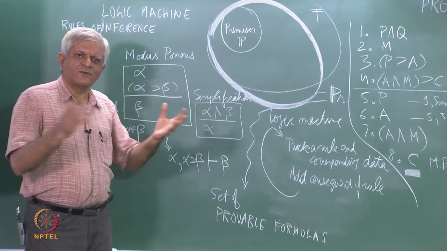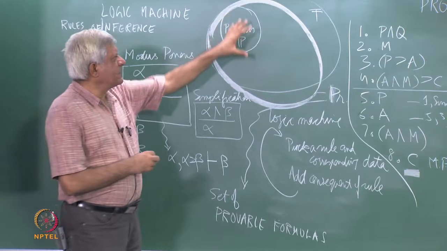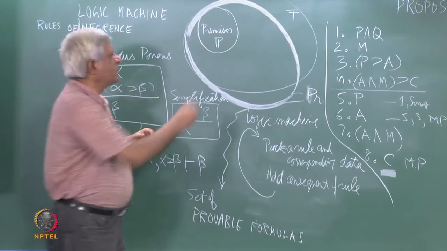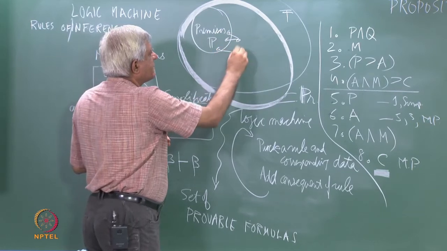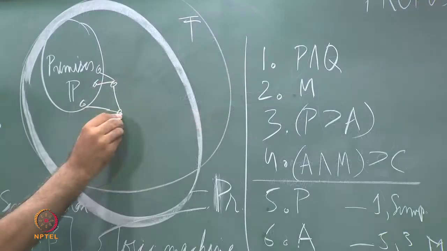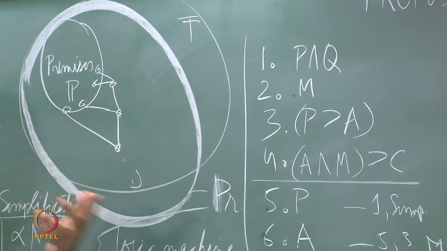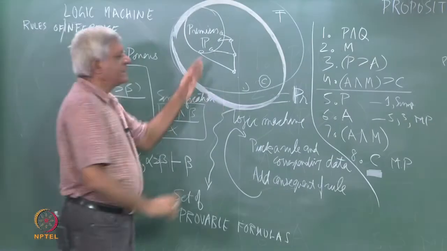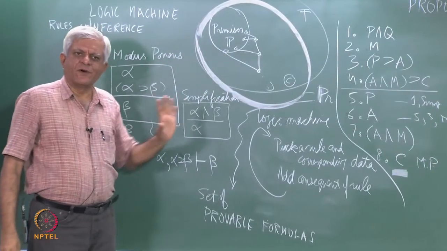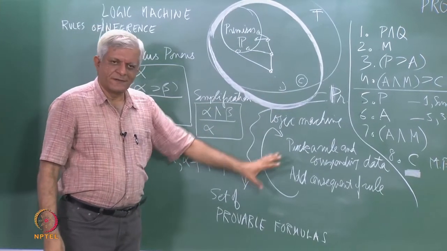You can imagine a forward search algorithm which says this is what is given to me, this is a rule available to me, from this and this I can infer this. I can keep moving forward, and if I can reach the formula C, then I stop. So, the forward state space search that we talked about is essentially being done here in some way.